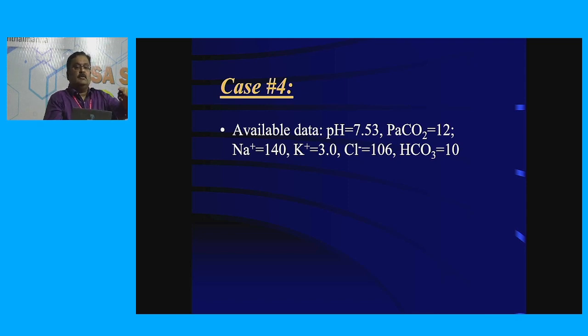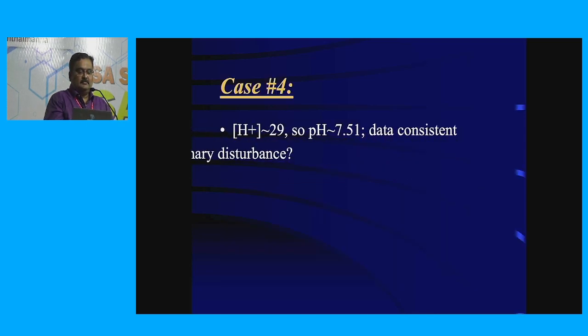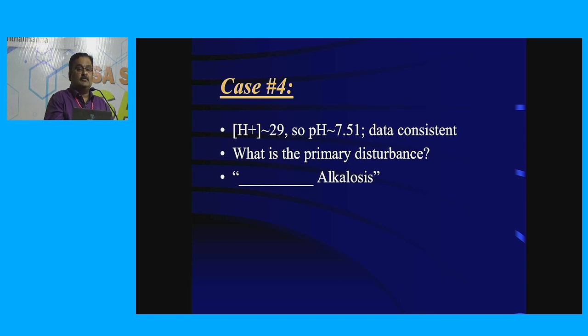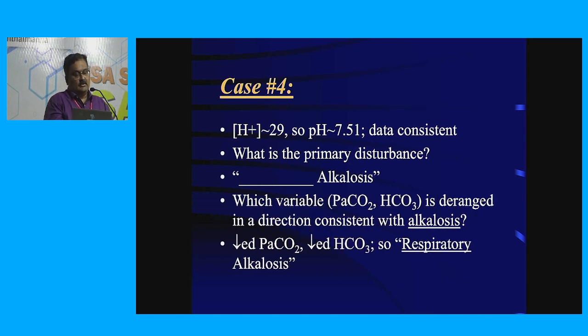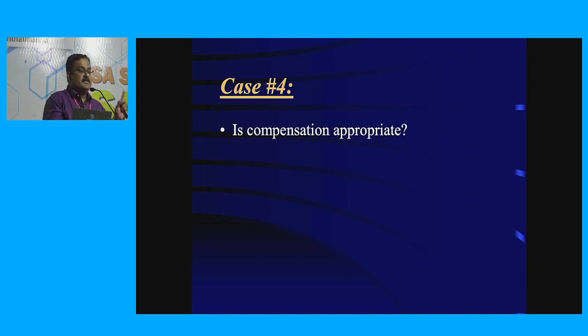Anybody wants next team? No team wants. So data is consistent. So what is the primary disorder? Respiratory alkalosis. So compensation. Is compensation appropriate?